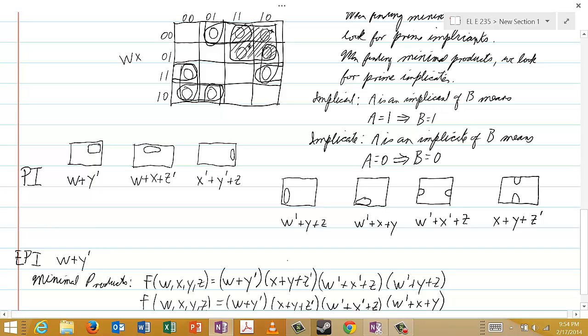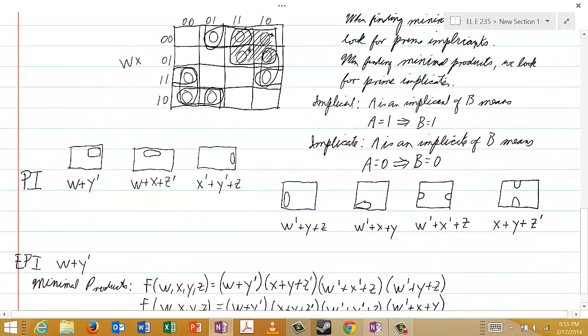Well, remember before we included x or y or z prime, that is this term right here, the last prime implicate that we found. We included that so that we could get this zero up here. But there's another way that we could get that zero, and that would be through using this prime implicate. So let's try that this time.